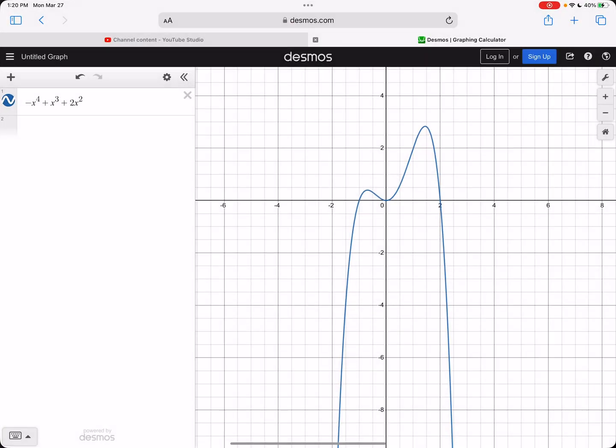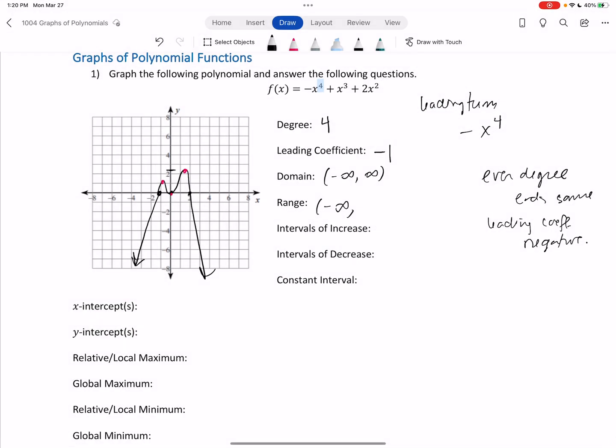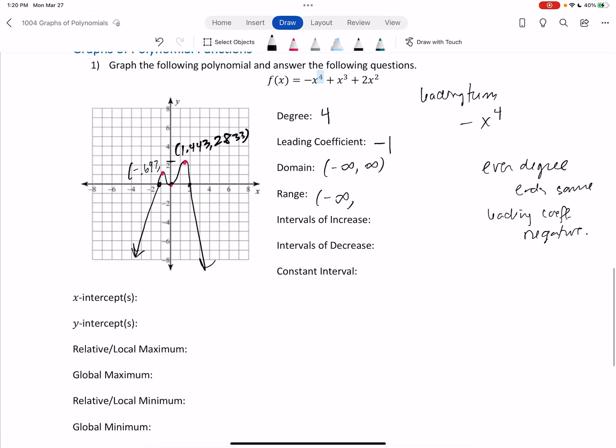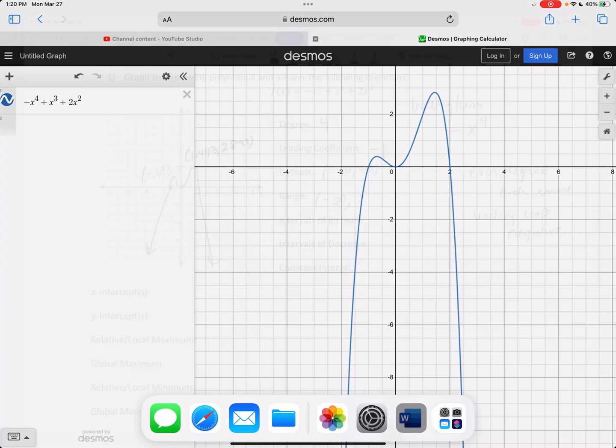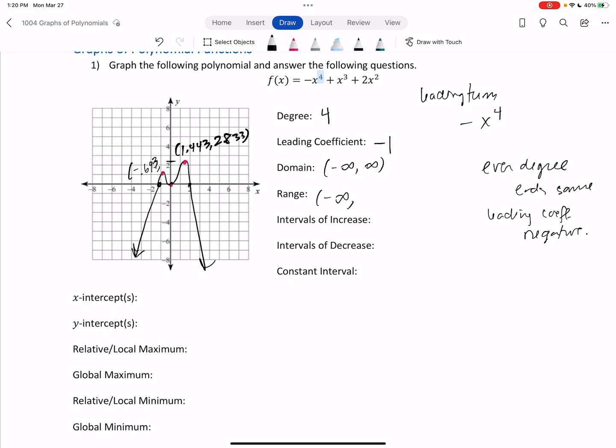So let's write down those tops and bottoms: negative 0.693 comma 0.397, 1.443 comma 2.833, and the minimum at 0, 0.